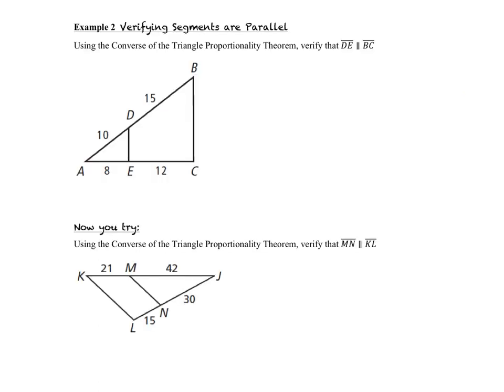So let's use the converse of the triangle proportionality theorem to verify that these lines DE and BC are parallel. So we're going to set up a proportion. I could do like 10 over 15 is equal to 8 over 12. Cross multiply.